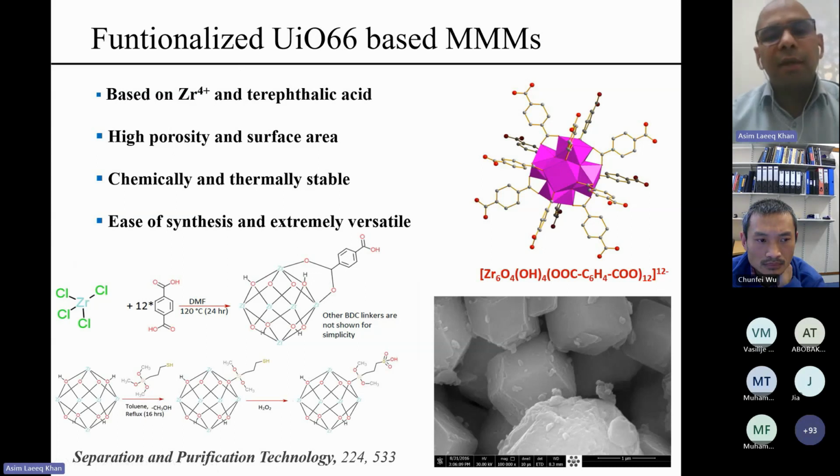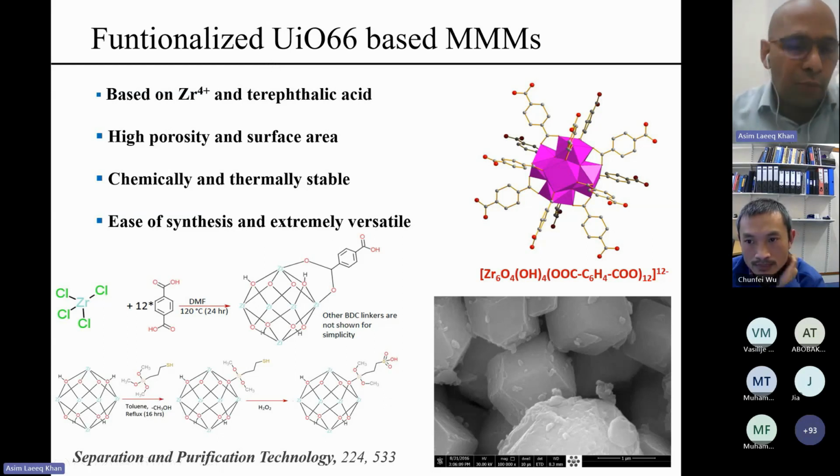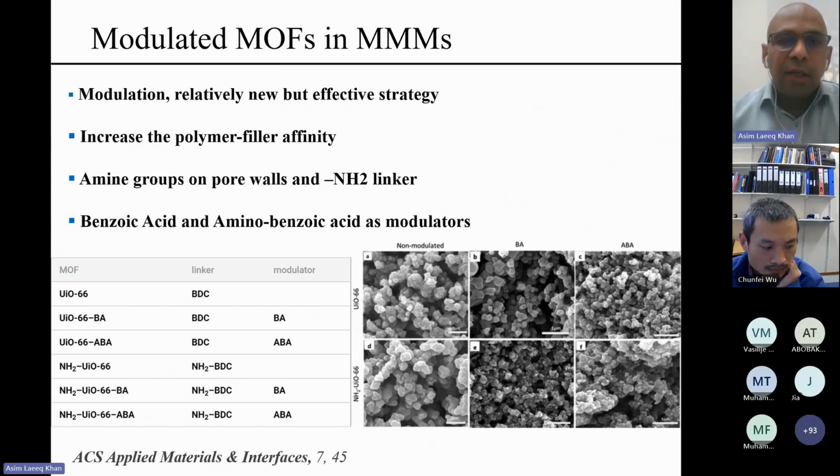It is extremely chemically and thermally stable, it has very good dispersion in various casting solvents, and it is relatively easy to make mixed matrix membranes out of it. In one of the studies, we functionalized it with sulfonic acid groups to increase the affinity for CO2. I will just show you the results of what came out of it.